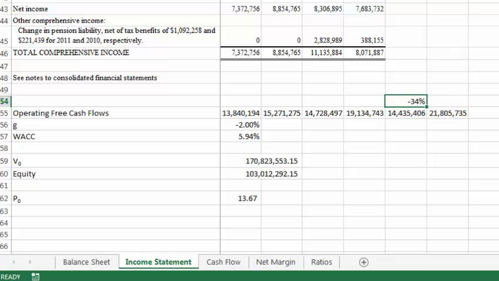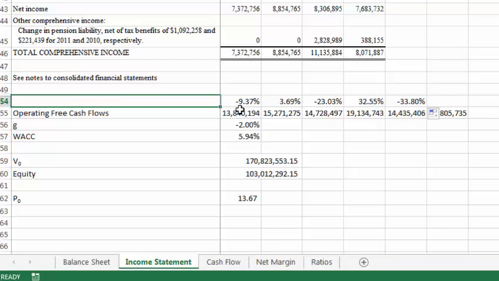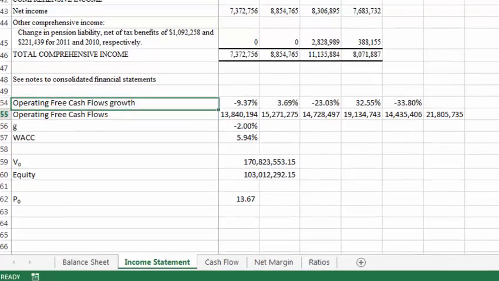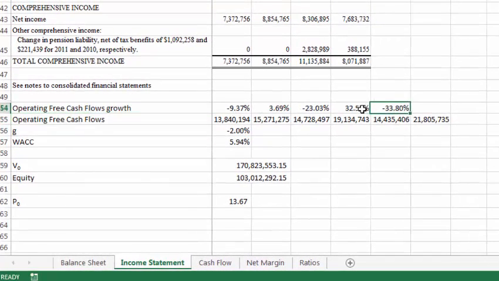And that's a negative 33.8%, and this is the OFCF growth. And if we highlight all of these and look down here at the bottom, we can find an average of negative 6%. So negative 2% is actually being kind, and it puts us really close to the actual stock price.